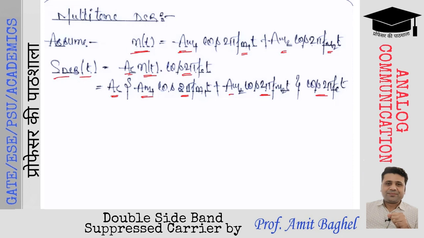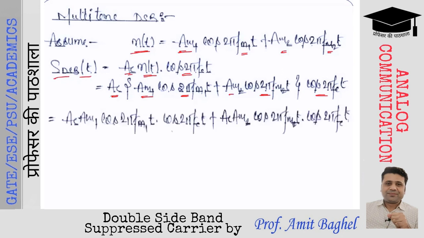Now we open the braces, we'll get Ac Am1 cos 2 pi fm1 t into cos 2 pi fc t, plus Ac Am2 cos 2 pi fm2 t multiplied with cos 2 pi fc t. In this, again, we saw 2 cos A cos B, so we will simplify this by the formula cos(A plus B) plus cos(A minus B).